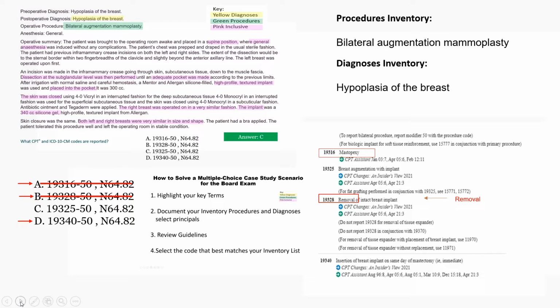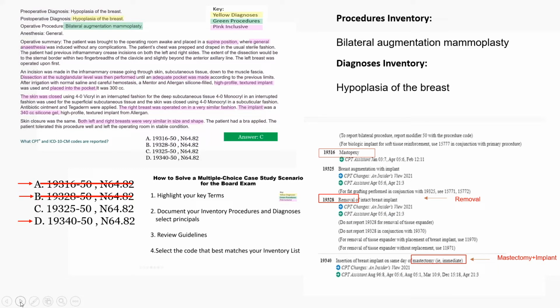Now let's look into option D. That is coding for insertion of breast implant on the same day of mastectomy. And in the brackets, you can see it is written as immediate. So this is a code for a mastectomy plus a breast implant placement. It is usually performed for patients who have just undergone a mastectomy procedure, which is removal of the breast, and then they will place an implant, mostly due to some medical health conditions.